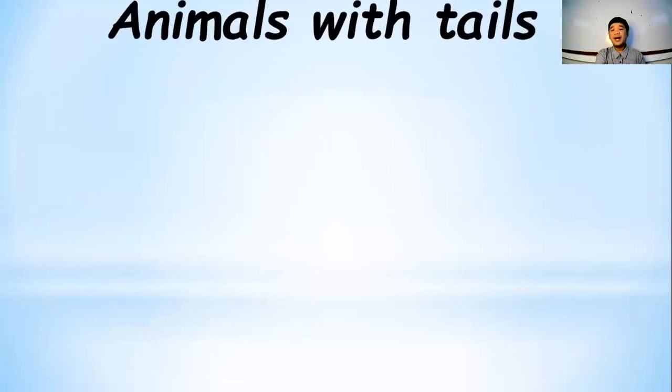Now let's look at animals with tails. What are the animals with tails? We have so many animals in this world, and animals are living things. But what are examples of animals with tails?